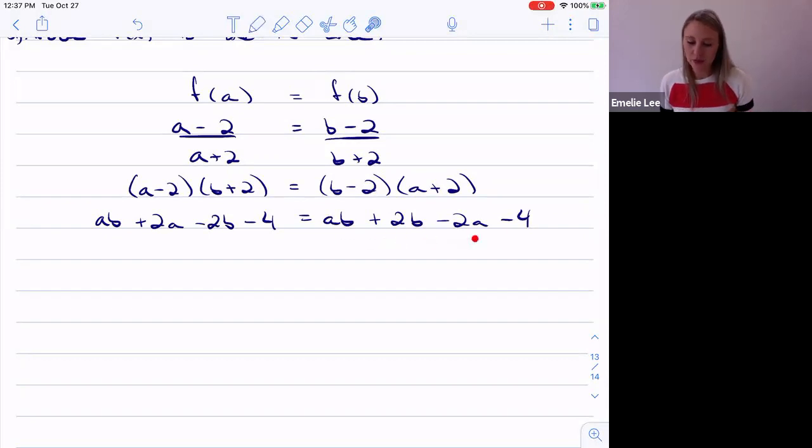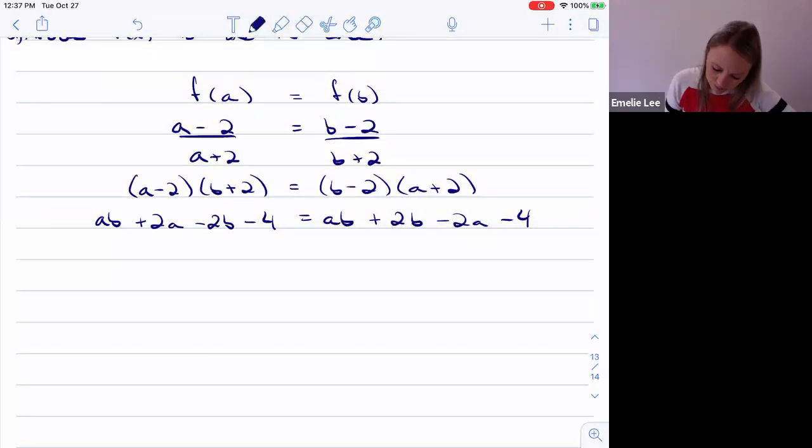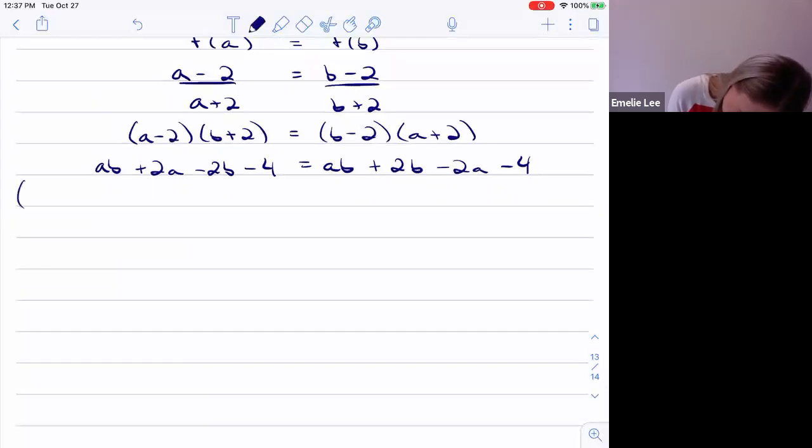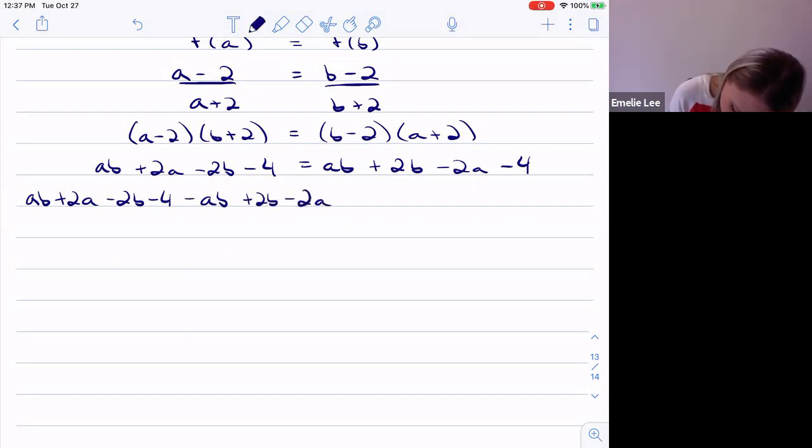What I like to do, and there are lots of ways that you could go about doing this, I like to shuttle everything over to the left-hand side and see what cancels out, leaving 0 on the right-hand side. So what I get is ab plus 2a minus 2b minus 4, and in fact, I'm going to ditch that bracket, minus ab plus 2b minus 2a plus 4 equals 0.